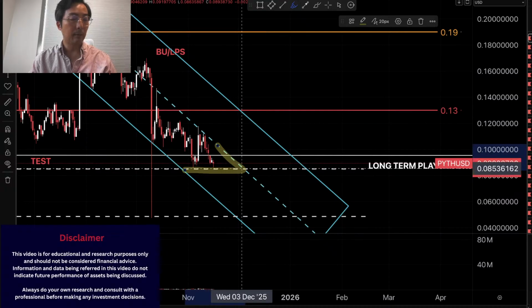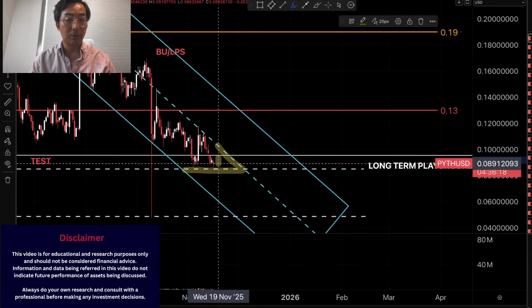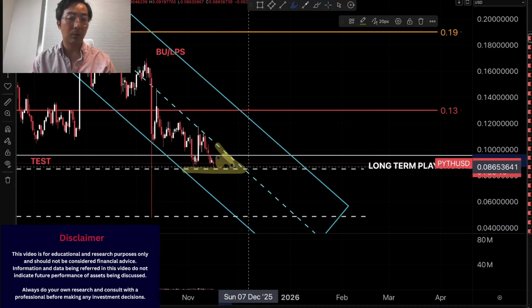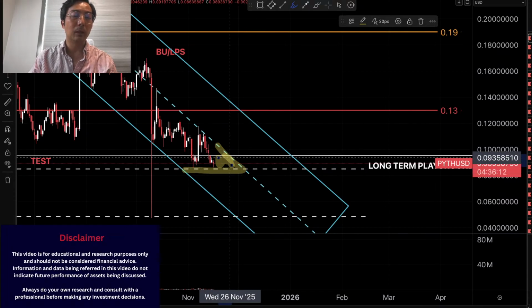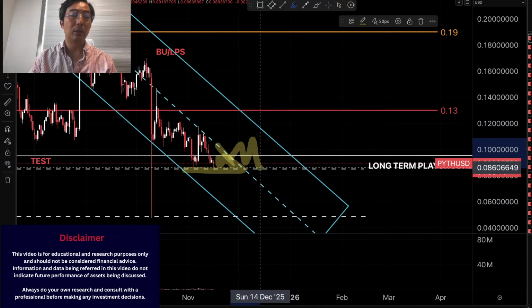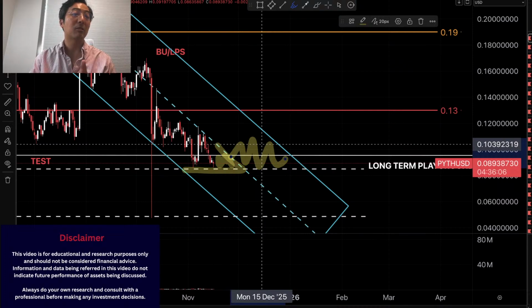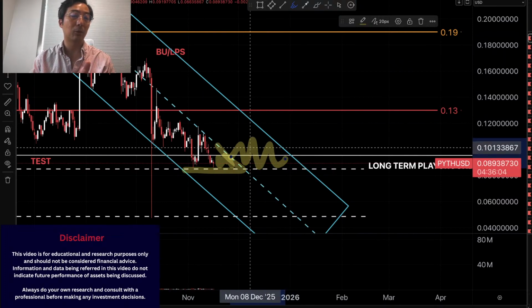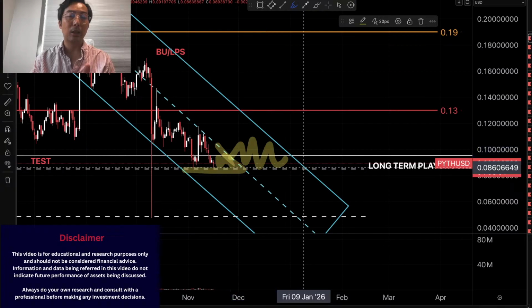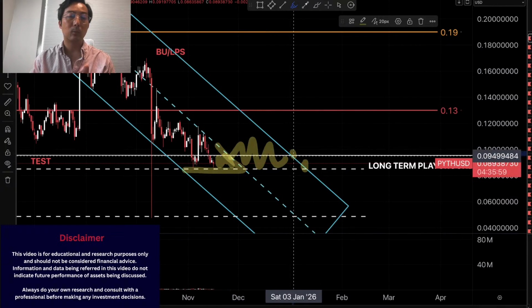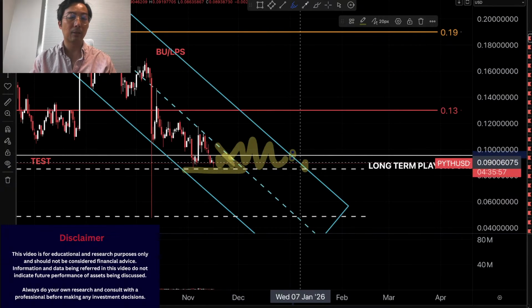So by the end of the month, if it continues to trade along this triangle, it's a time point to determine whether it's going to continue the horizontal movement, meaning moving towards the better or more positive side of the downward channel, leading to a chance to break out somewhere around the beginning of next year.